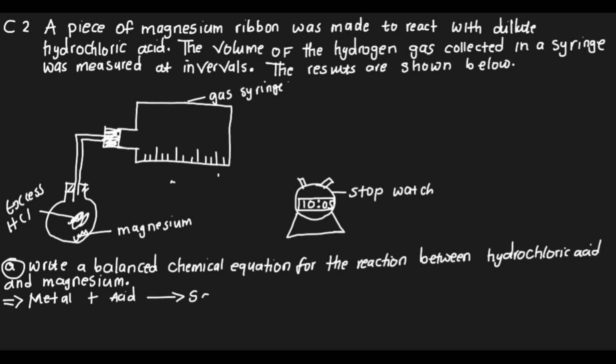We are going to have salt plus hydrogen gas. The hydrogen was the gas being collected in the gas syringe. Now let's look at our metal used here. The metal is magnesium plus hydrochloric acid.